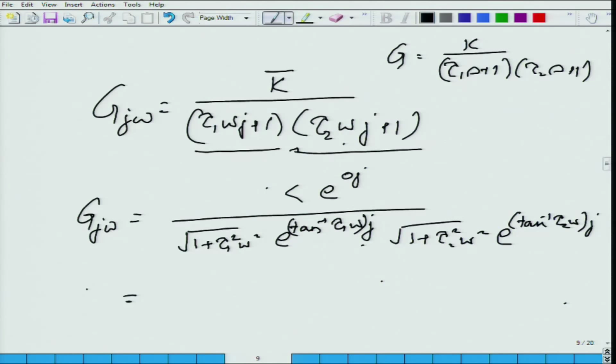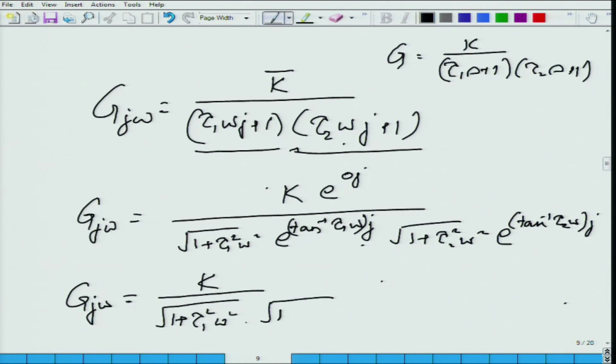And then when you say okay, therefore, G(jω) is equal to k divided by the square root of 1 plus τ1²ω² times the square root of 1 plus τ2²ω² times e to the power, and now you can see negative tangent inverse τ1ω plus tangent inverse τ2ω, all times j.